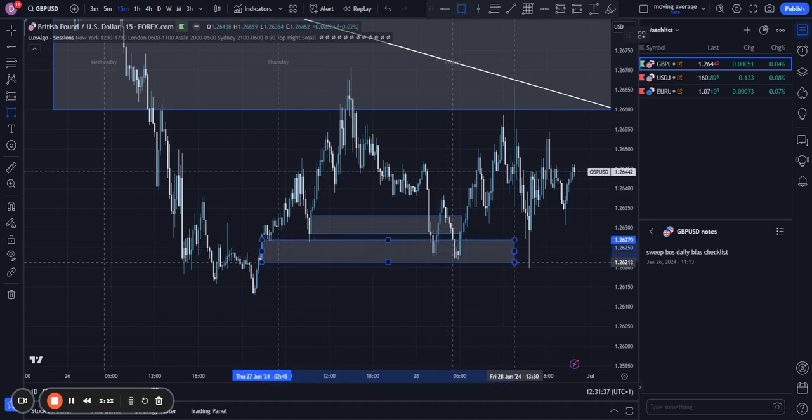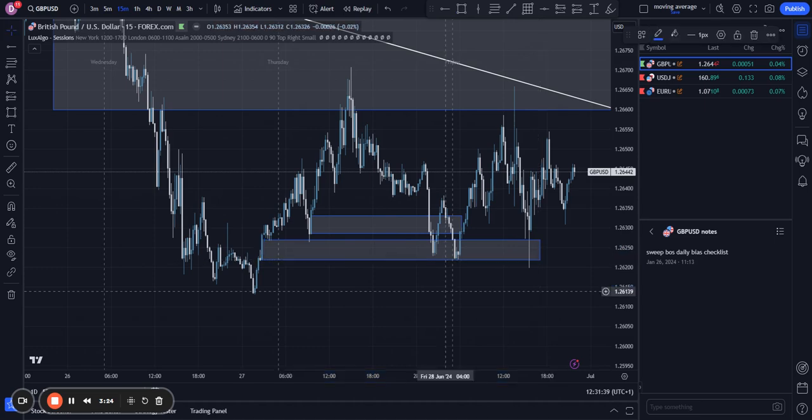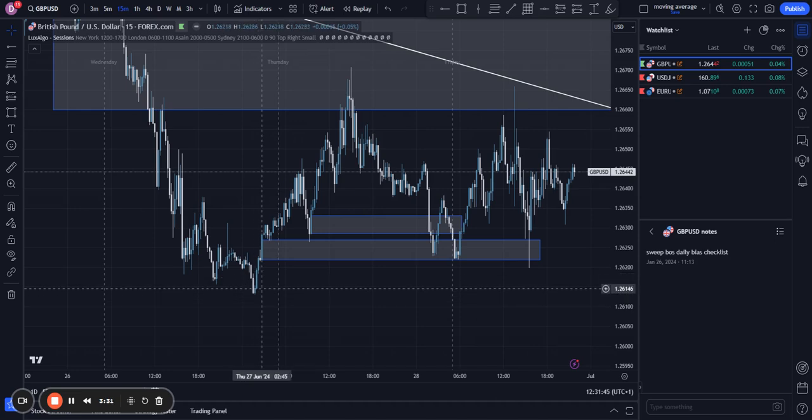Price also runs through this imbalance, taps into it after running through this one. You see what I mean by the imbalance? It's like, see, 1, 2, 3. Here's your imbalance in the middle. 1, 2, 3. Here's your imbalance, where there's no wick. It's just solid candle. Nothing's coming and invalidating this.